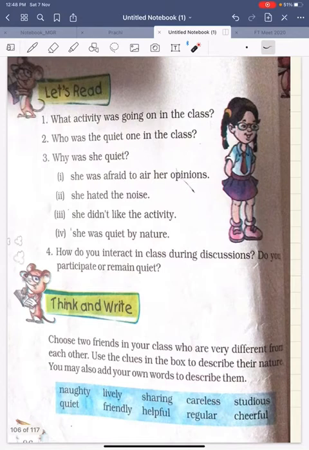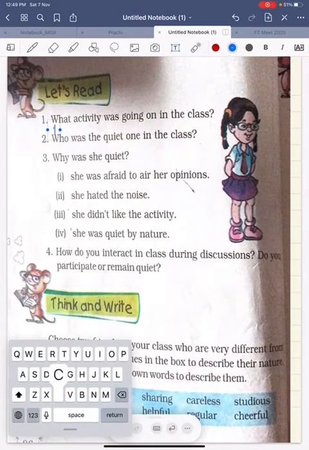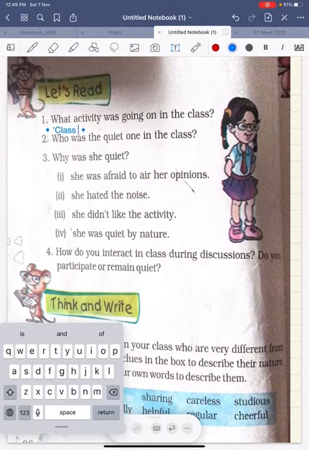Now let's come to the question answer of this lesson. What activity was going on in the class? So we can write here, class discussion was going on.